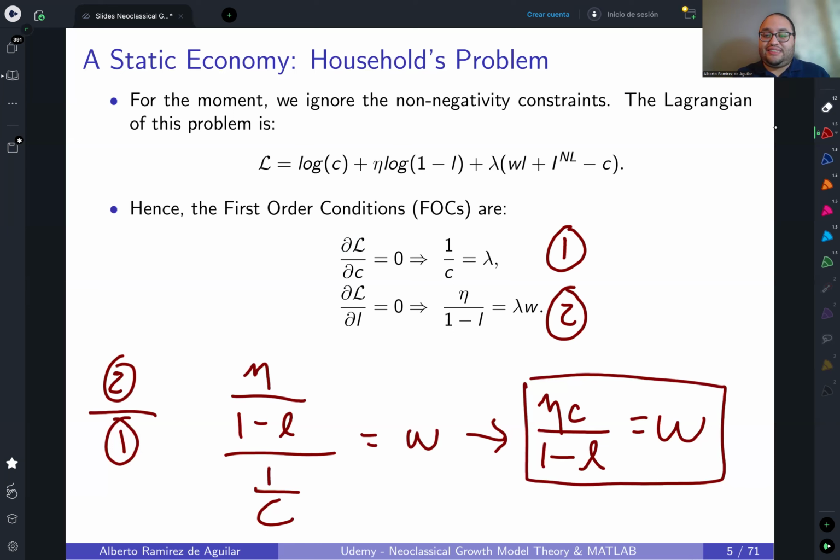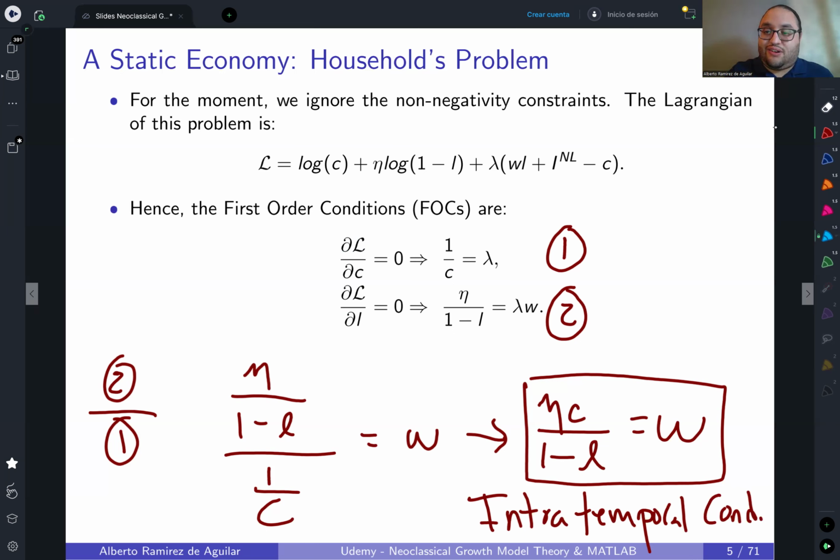And this is an equation that relates consumption, labor, and wage. So this is called the intratemporal condition. And what we have on the left-hand side is the marginal rate of substitution between consumption and leisure. And this is the wage, okay?